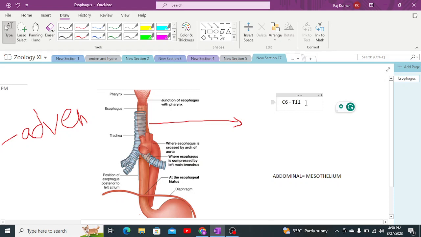The esophagus passes through the diaphragm, but where? It passes through the diaphragm at T10, sorry, not C10, below the T11.